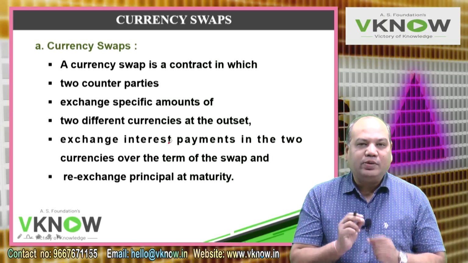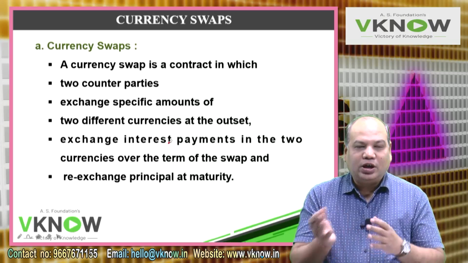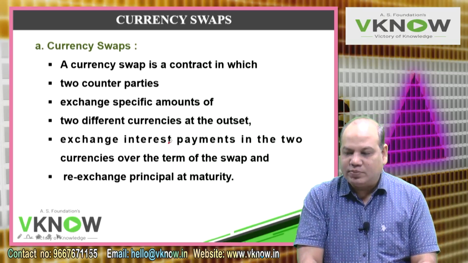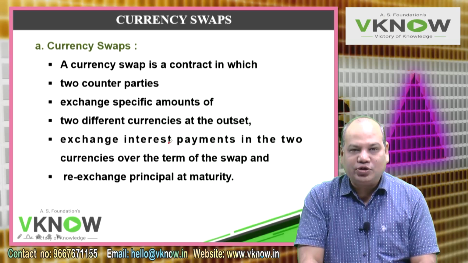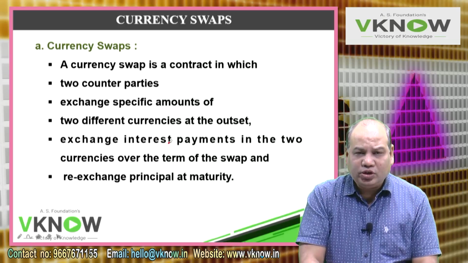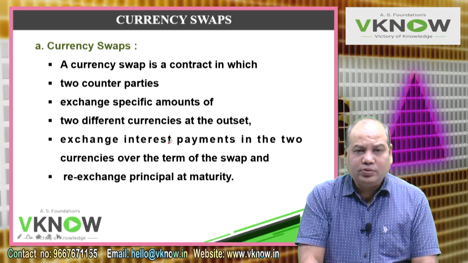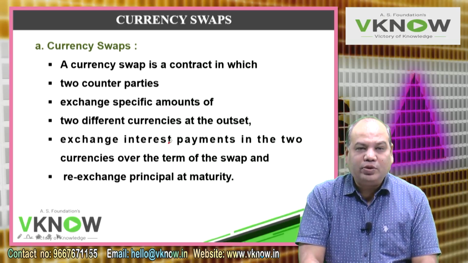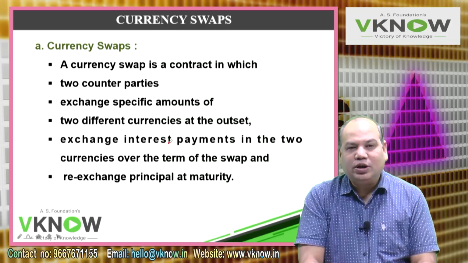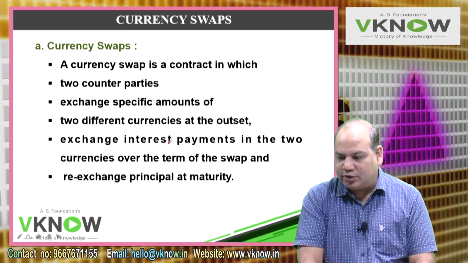For the next 5 years they will exchange the interest, and again on maturity they will re-exchange the principal amount. That is called a currency swap. The objective of a currency swap is to reduce your cost of funding. Also it will help you achieve some objectives which otherwise cannot be obtained.